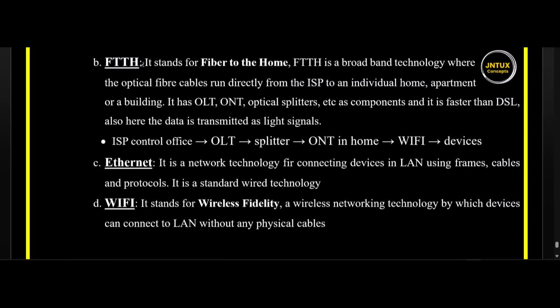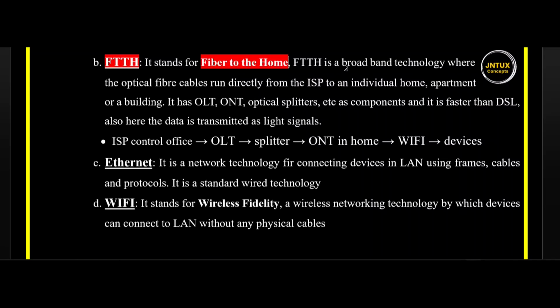The next one is FTTH. It stands for fiber to the home. FTTH is a broadband technology where the optical fiber cables run directly from the ISP, Internet Service Provider, to an individual home, apartment, or a building. It has OLT, ONT, optical splitters, etc. as the components. It is faster than the DSL. Also, the data is transmitted in the form of light signals.